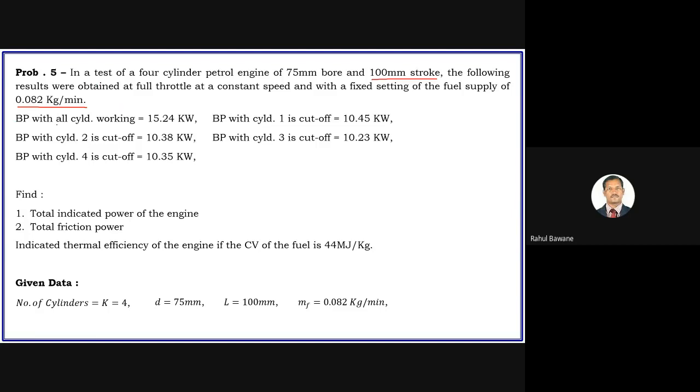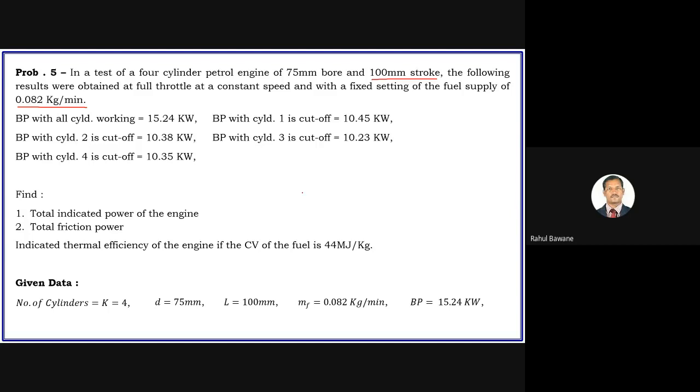Brake power with all cylinders working. So when all 4 cylinders are working, brake power is 15.24 kilowatt. Brake power with one cylinder cut off. When one cylinder is cut off, that is the first cylinder, definitely only 3 cylinders are working, so total output will be reduced.